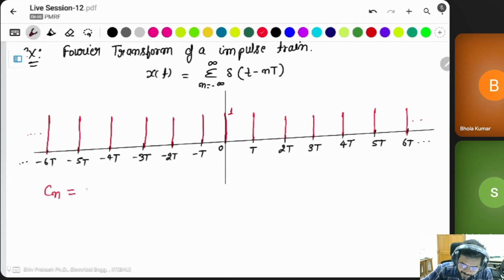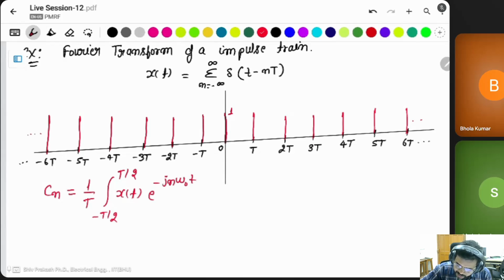Cn is equal to x(0) by T. X(0) is equal to 1, and 1 by T is the common factor.